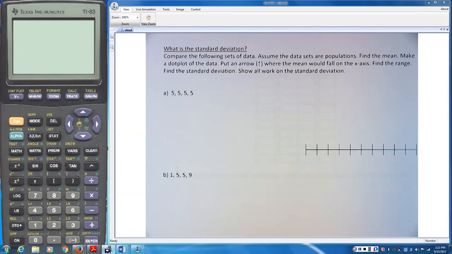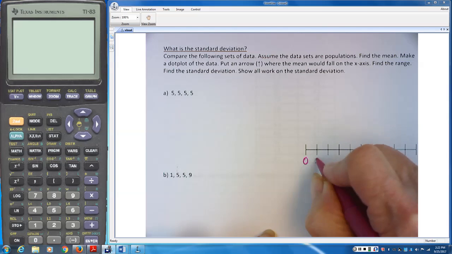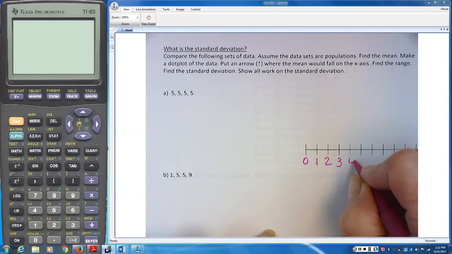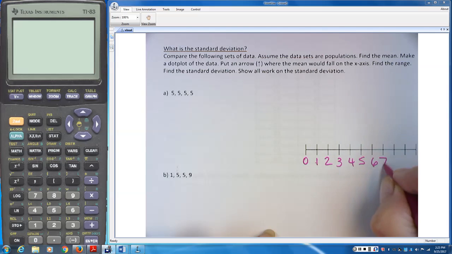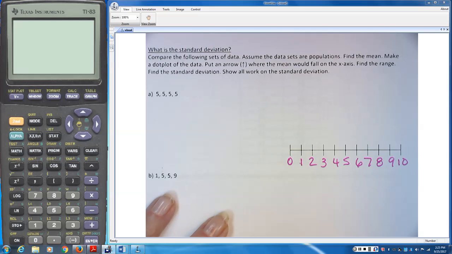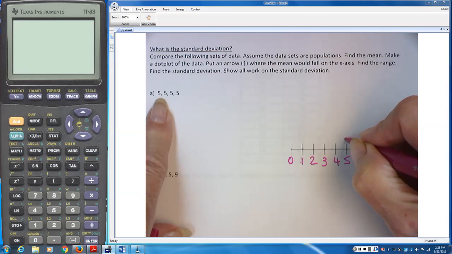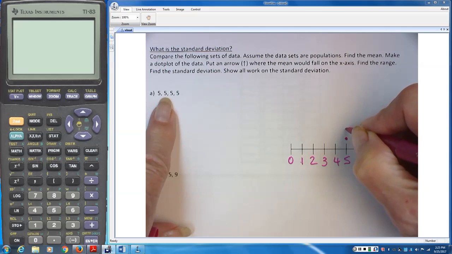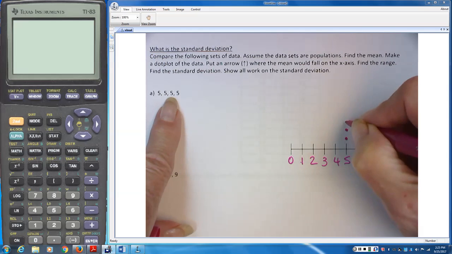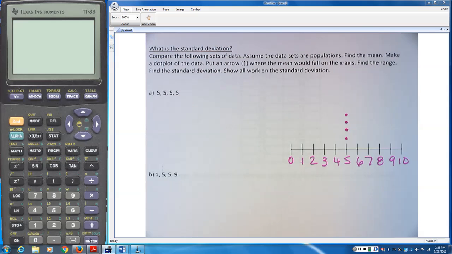I want you to develop a concept here. So here's my dot plot. I'm going to go 0 through 10 on those lines. And I've got a 5, and a 5, and a 5, and a 5. Okay?